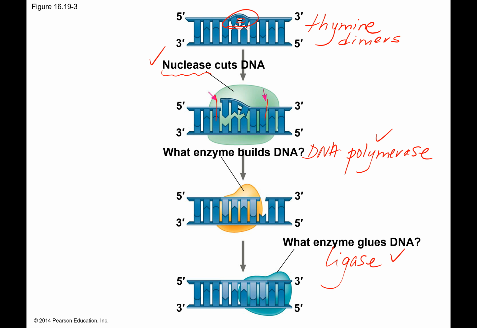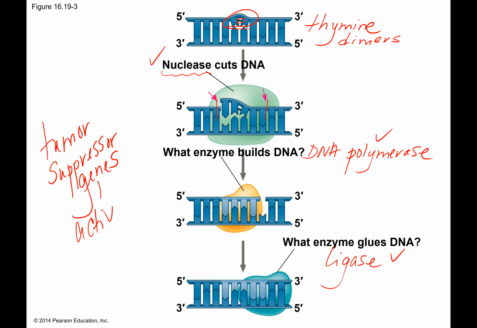And remember back from our cell cycle chapter, we have those proto-oncogenes and tumor suppressor genes. Those tumor suppressors are those guardian angel genes. So they're the ones that actually screen the DNA, look for things like these thymine dimers, and they activate this repair.